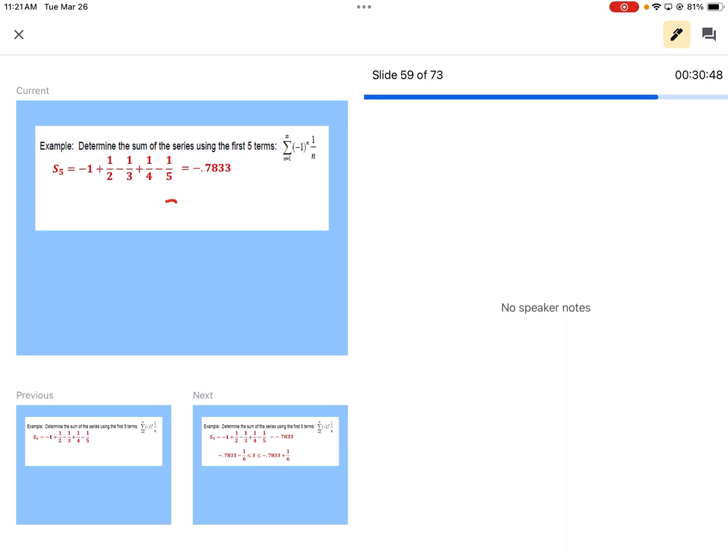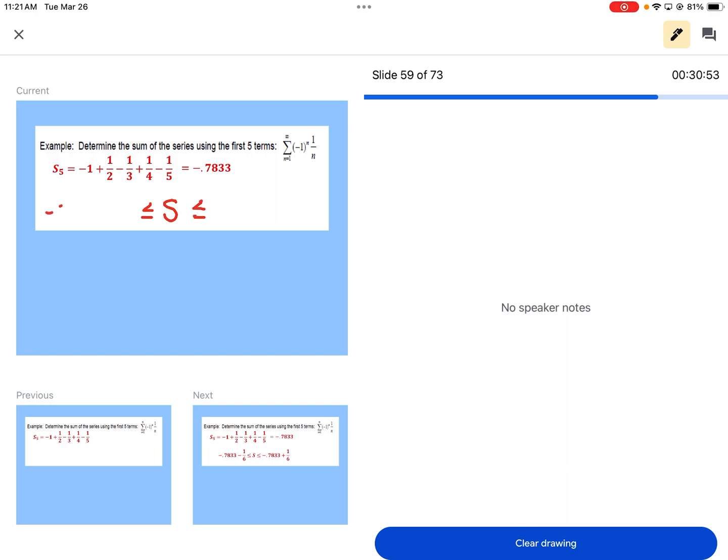So we would say our true sum falls between that minus 1/6. For the next omitted term, no. So when you add them up for the S sub 5, yes. But the next omitted term, you're subtracting it on one side and adding on the other, so you don't include the negative. And then on the other side, it's negative 0.7833 plus 1/6. Yes? So you know your true sum falls between those.